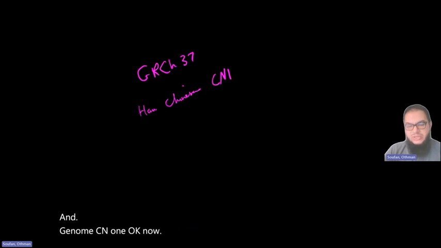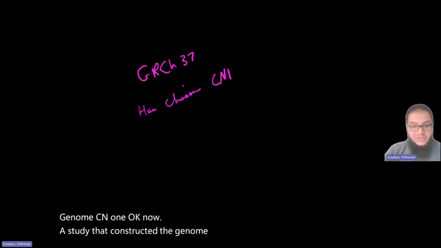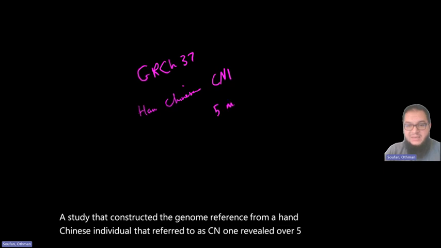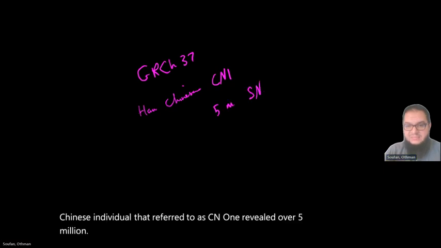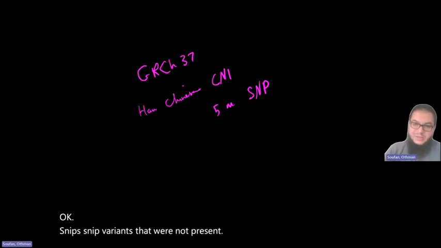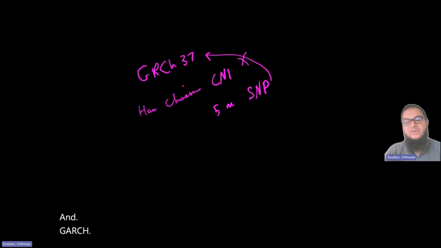Now, a study that constructed a genome reference from a Han Chinese individual, referred to as CN1, revealed over 5 million SNP variants that were not present in GRCh37.